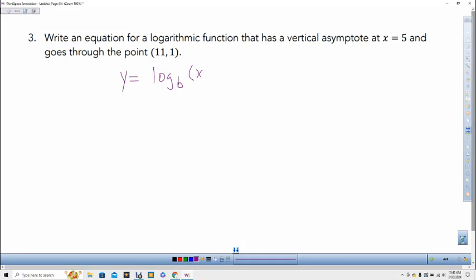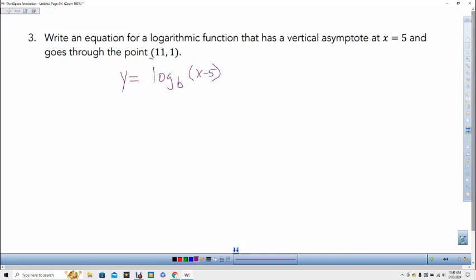Well, just like that last one, that means we're going to shift this whole thing to the right 5, which means that inside the function we're going to subtract 5.